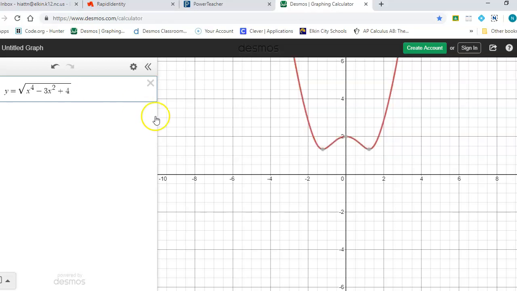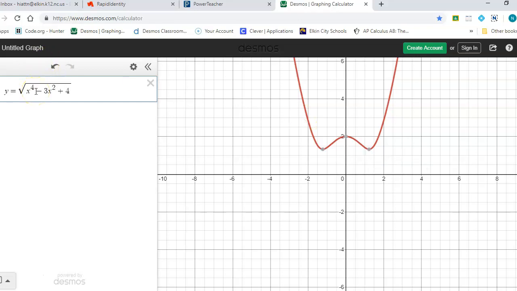Alright, so if I have this graph right here, the minimum points are right here. So now if I had Desmos, I could just graph this, and I already know that 1.225 is the answer for my x. But I don't have Desmos, and I'm not going to on the exam.